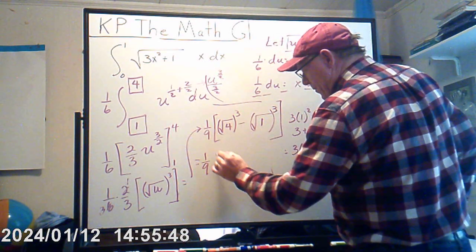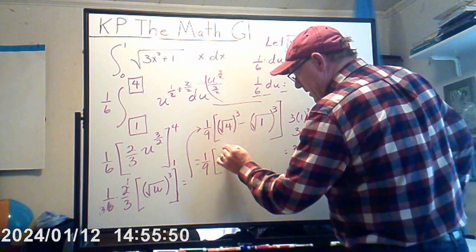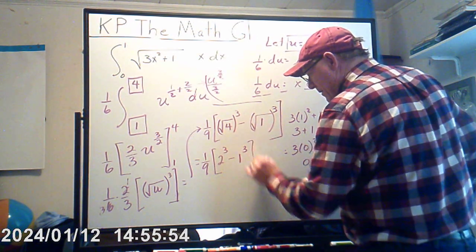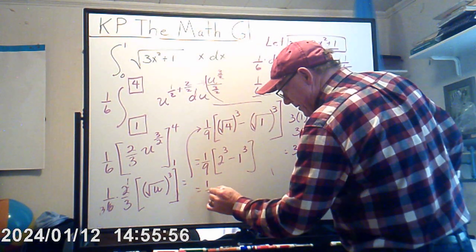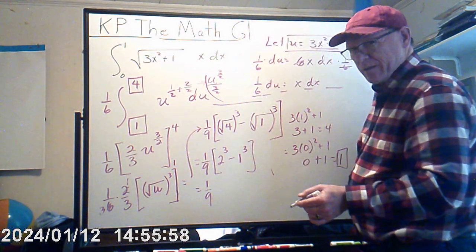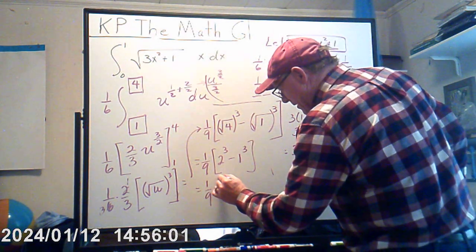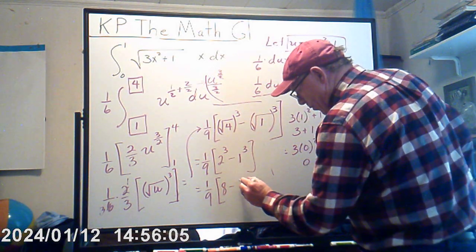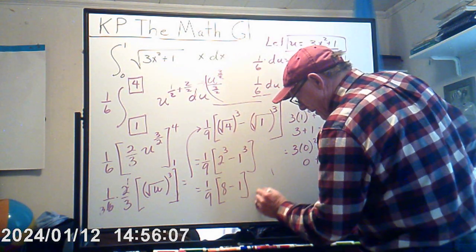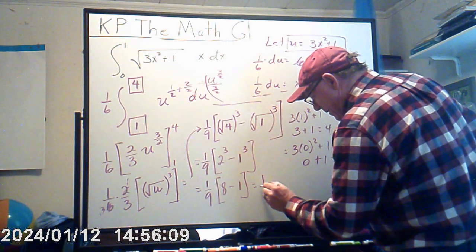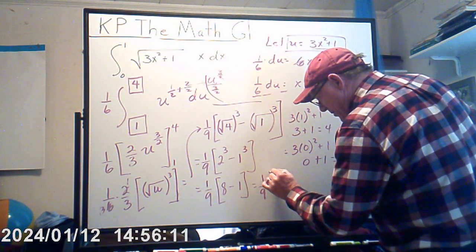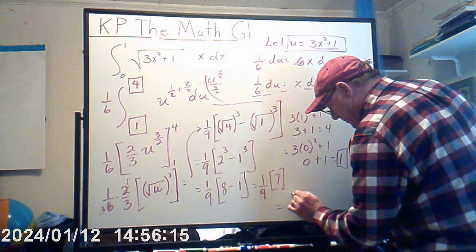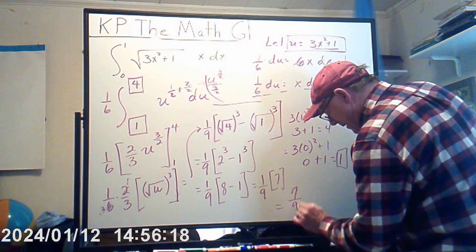The square root of 4 is 2, and that's 2 cubed. Square root of 1 is 1 cubed. 2 cubed is 8. 2 times 2 is 4, times 2 is 8. Hope you get where you can just do that without thinking. 1 cubed is 1. Don't think about that one. Again, this is equal to 1/9 times 7, which, by the way, is equal to 7/9.